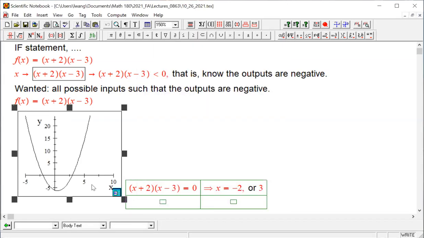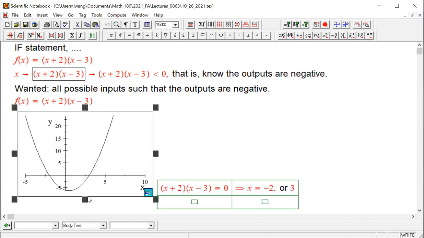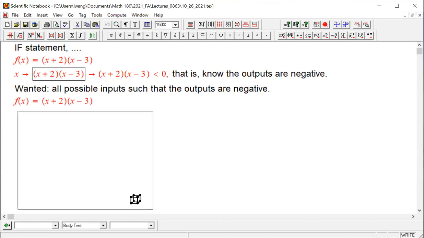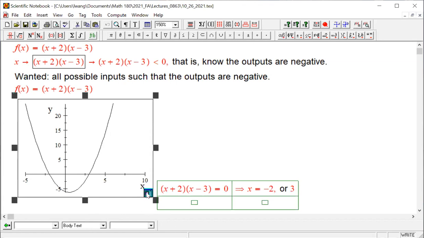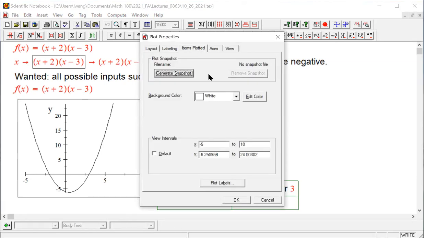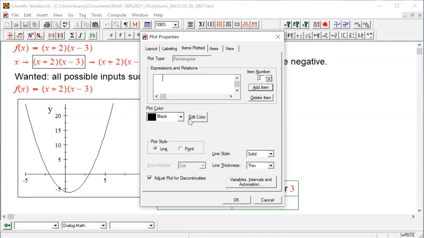On this parabola, where does the curve cross the x-axis? -2, 0, and 3, 0. So there are 2 points. And these 2 points, when we put them on the graph, they should be circles.